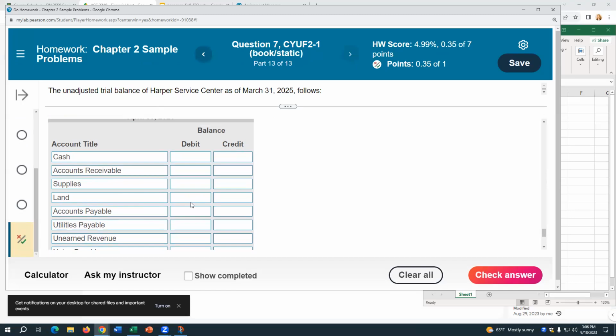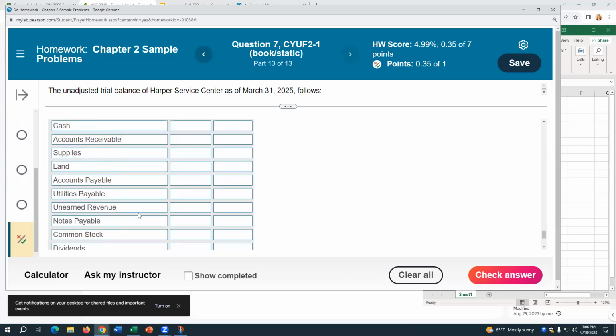So we just went right down the three columns. Cash, accounts receivable, supplies, land. Notes payable was down below. So accounts payable, utilities payable, unearned revenue, and then notes payable.